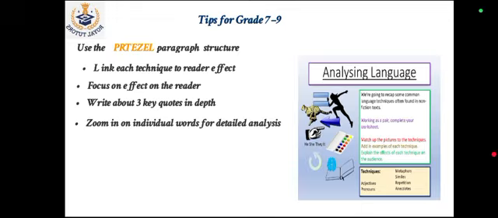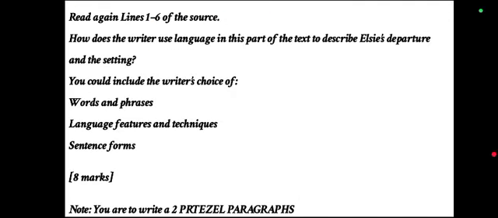Also, linking each technique to a reader's effect will help you get a grade 7 to 9. Then, focus on effects on the reader, write about 3 key quotes in depth, and zoom in on individual words for detailed analysis. Now let's go into the question proper.